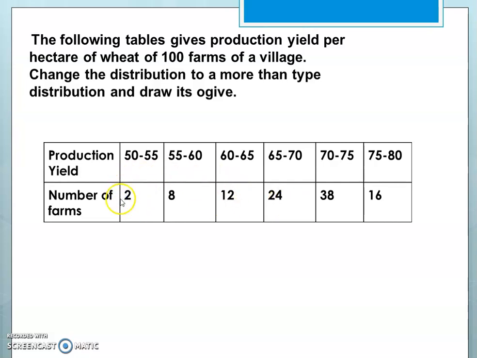Only these two are not above 55. So you will subtract 2 from 100, which will give you 98. Then more than 60, you have all except for these 2 plus 8. That is, the rest are 90. So 100 minus 2 minus 8, that is 90.